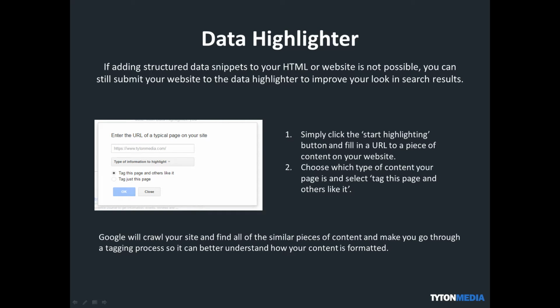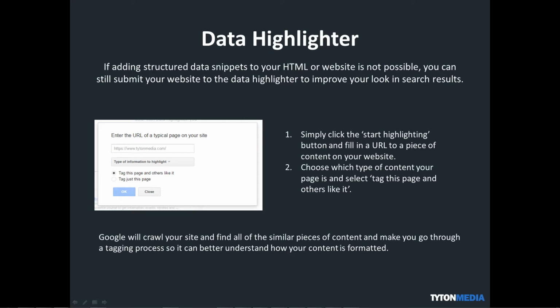Click on the type of information to highlight drop down and select article, and click tag this page and others like it, and it will crawl your site and find all the other similar pieces of content, and make you go through a tagging process so it can better understand how your content is formatted.